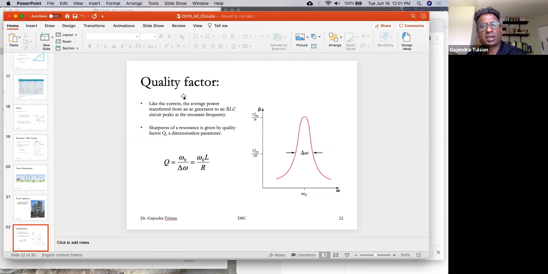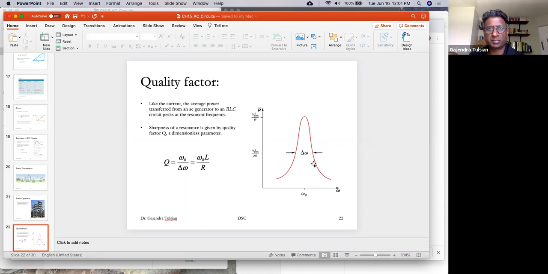All right, so the quality factor. The average power transferred from an AC generator to an RLC circuit peaks at the resonant frequency. So power delivered peaks at resonant frequency. At any other frequency, XL and XC do not cancel. Only at this frequency do XL and XC cancel.